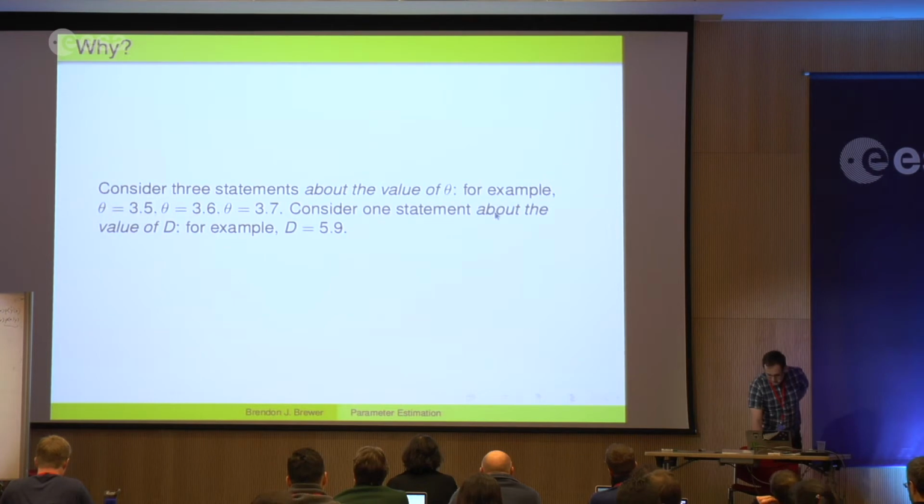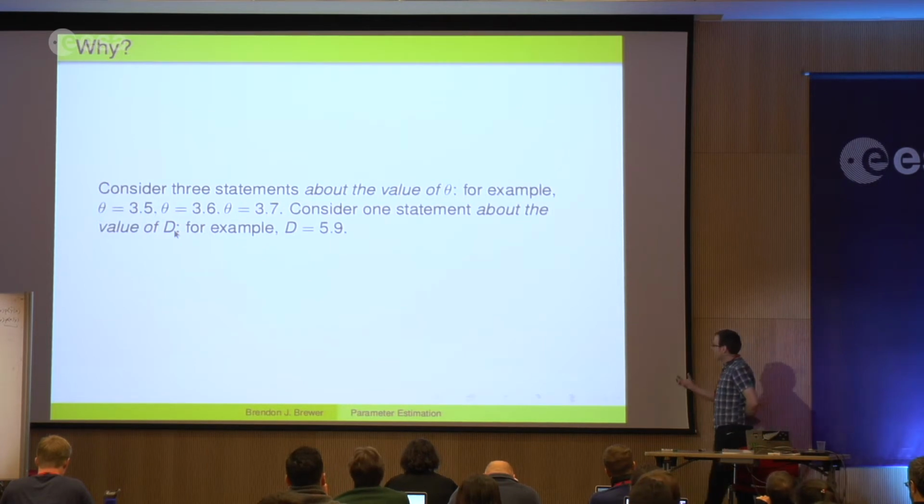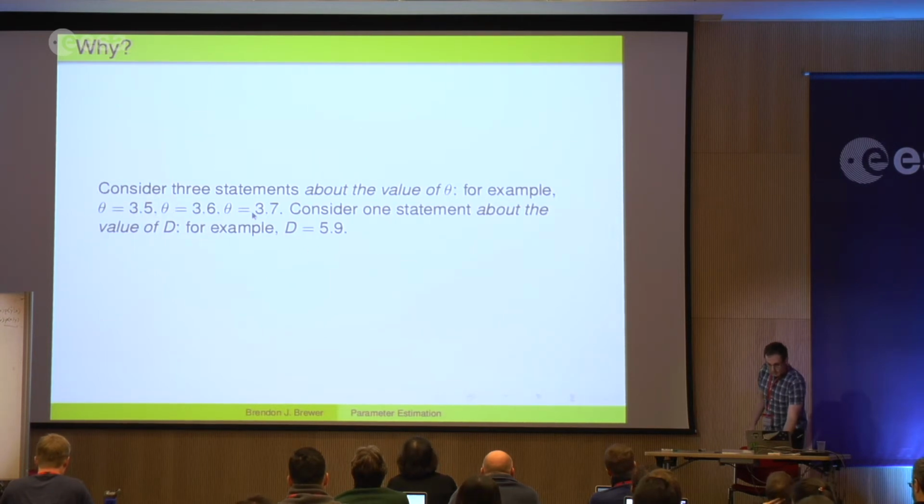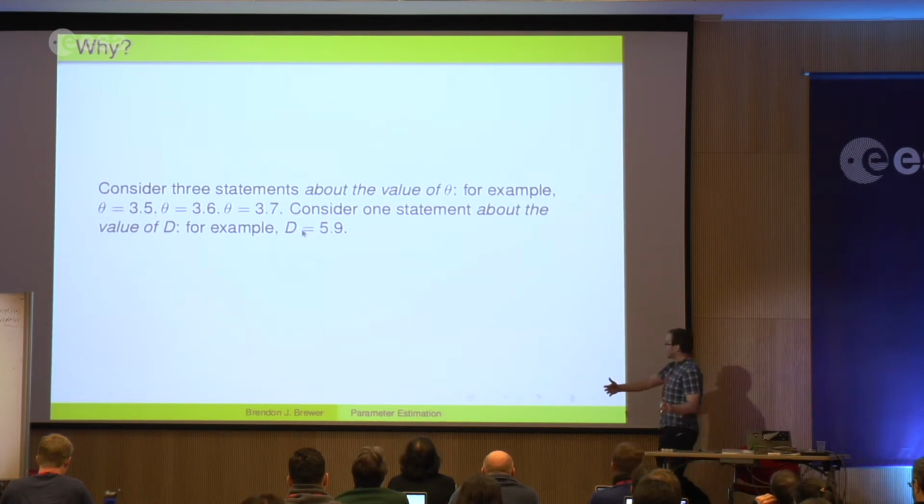Then if we learn the data and we state the data in terms of a proposition about the value of a quantity, so suppose our data is called D, and then we learn that D equals 5.9, that is also a proposition. And so here we've got 3 propositions whose posterior probabilities we might want to know. One proposition that we didn't used to know was true, but that now we do, we want to update.